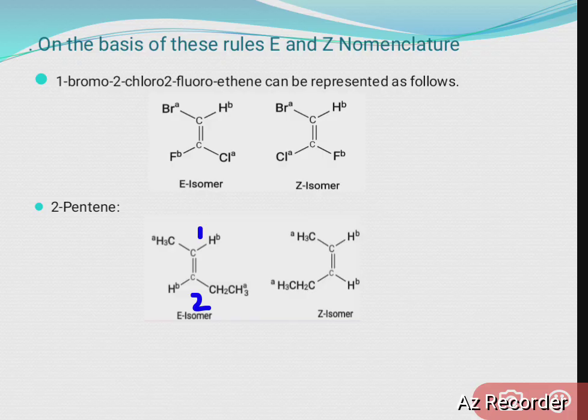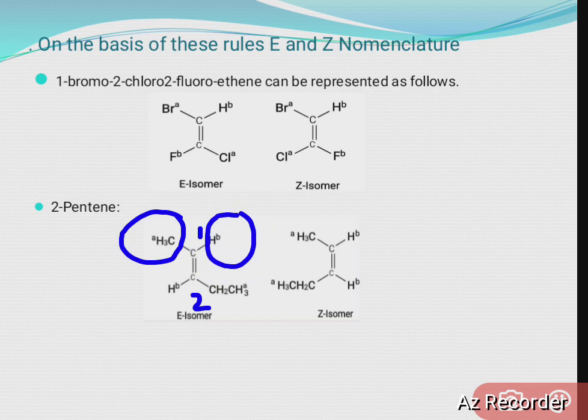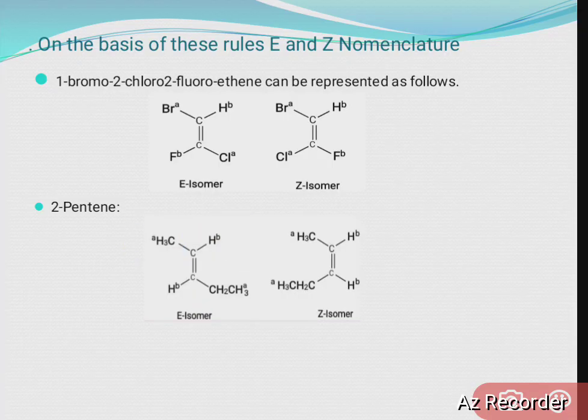Consider this one group and this another group attached to the first carbon atom. One is the carbon atom, the other one is hydrogen. Depending upon the atomic number, carbon has a higher atomic number than hydrogen, hence it has the highest priority. It is considered as A and hydrogen is considered as B.